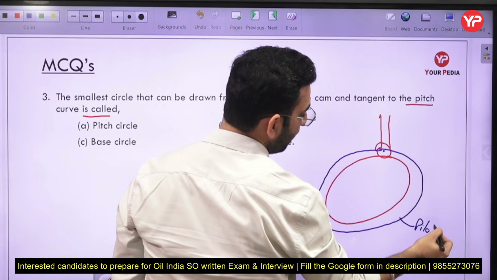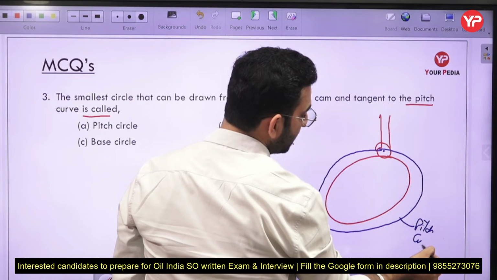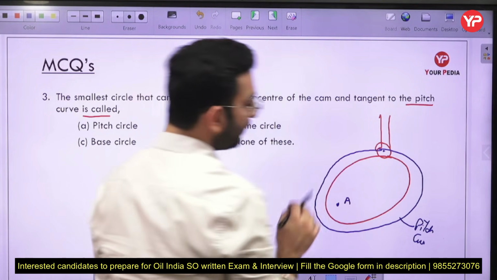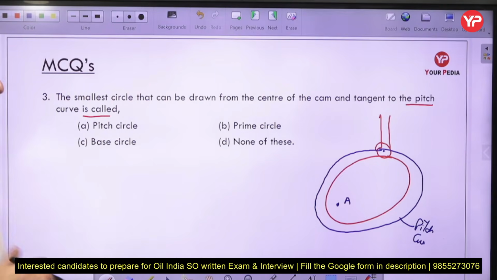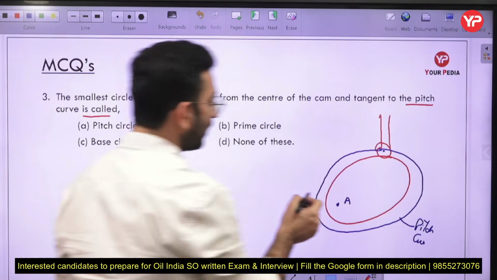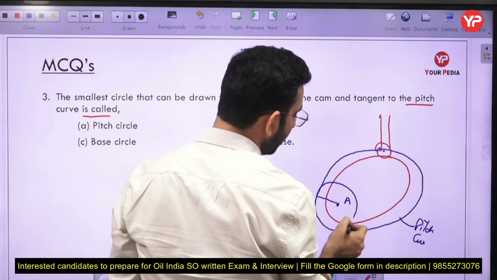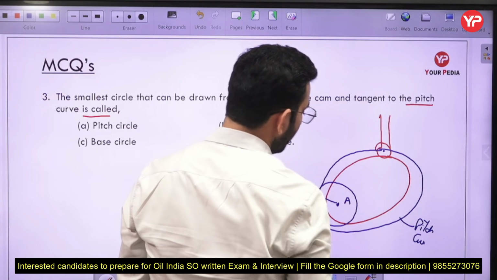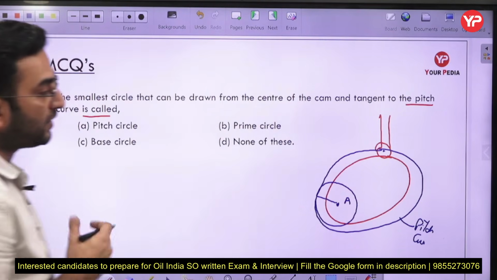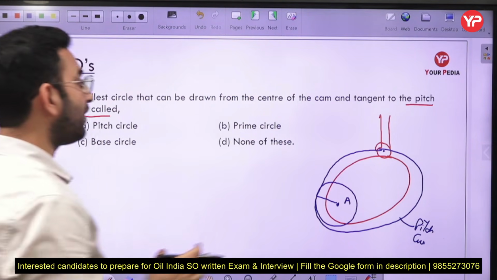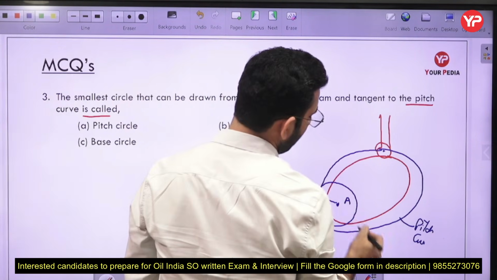Now the cam is rotating, let us say about point A, and the pitch curve and the cam profile have different radii. I take the smallest radius and create a circle with it, which basically touches the pitch curve. So I can say this circle is known as the prime circle.